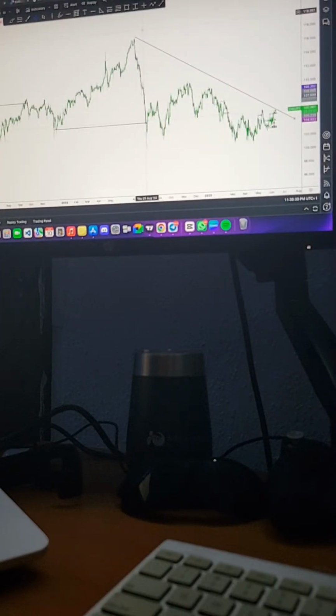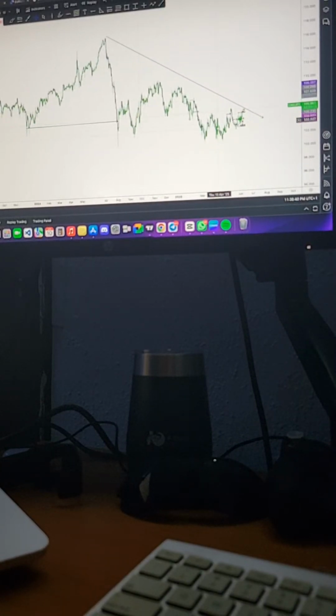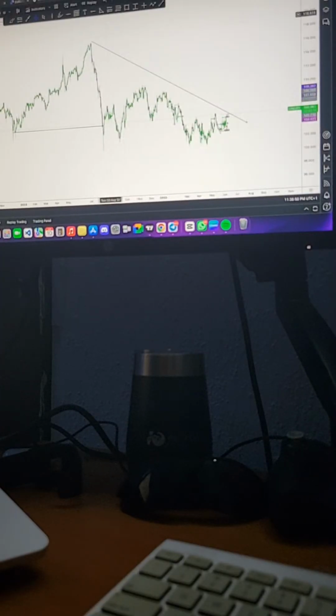See, price broke structure going up. So price was not exhausted, price was not able to push further to the upside. Price did a pullback, did a shift in structure around this zone, and after price did that, price will have to do a pullback.